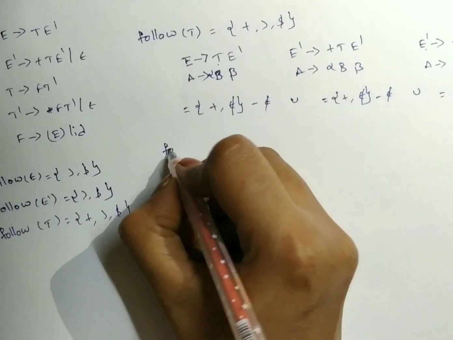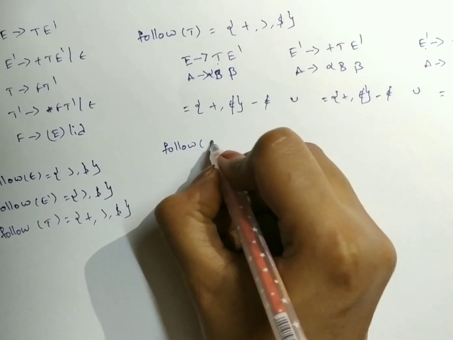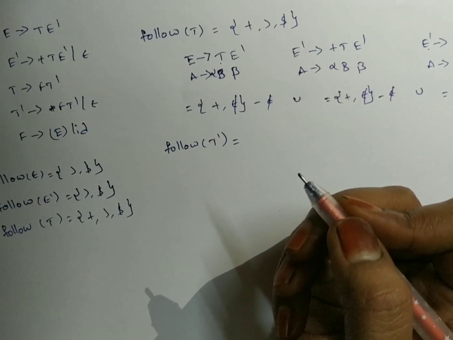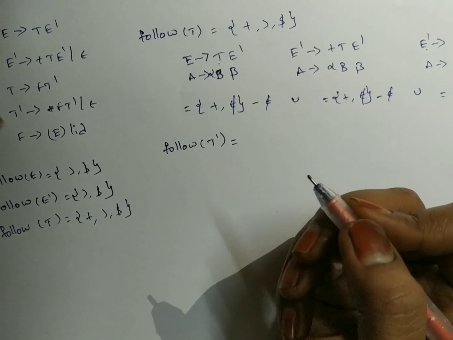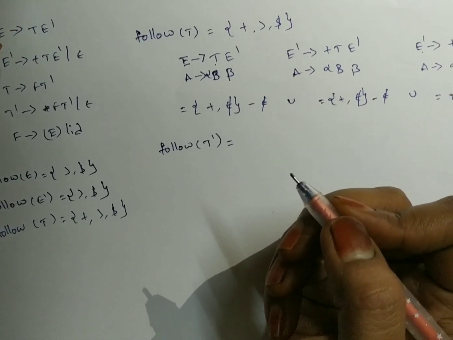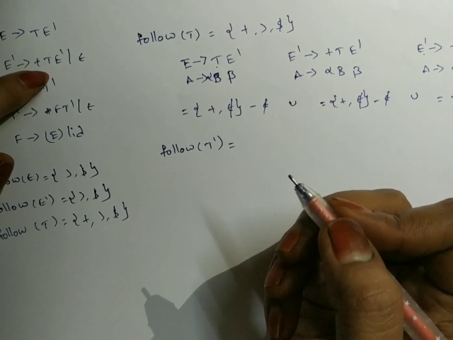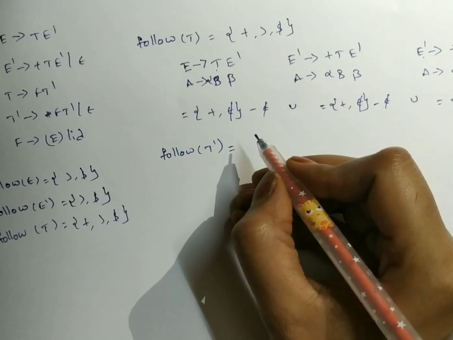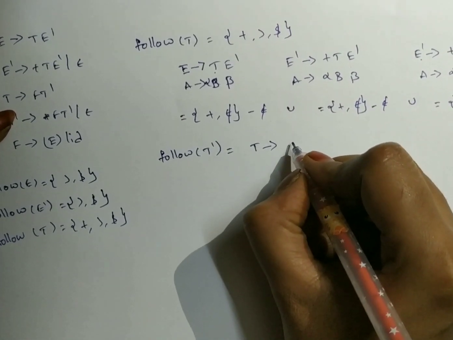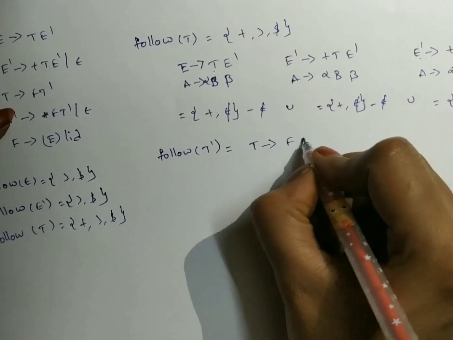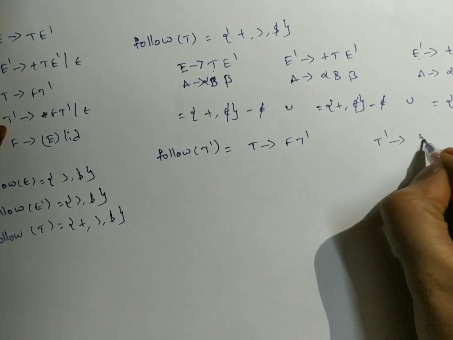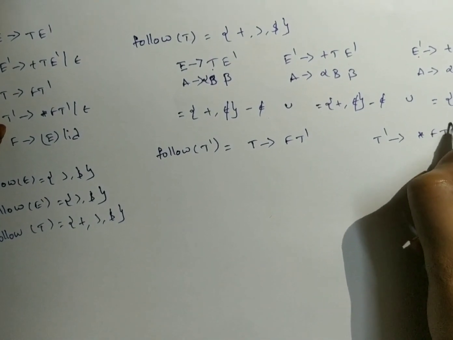Now in the same way I need to find out the follow of t dash. Okay, for finding the follow of t dash, we need to consider all the statements which is having t dash in the right hand derivation. Okay, see here we have t dash, t derives ft dash, t dash derives star ft dash.